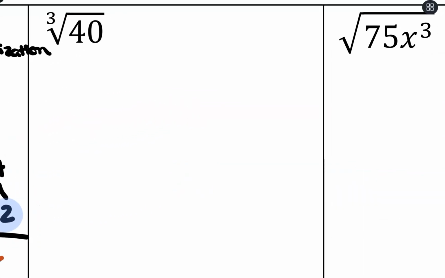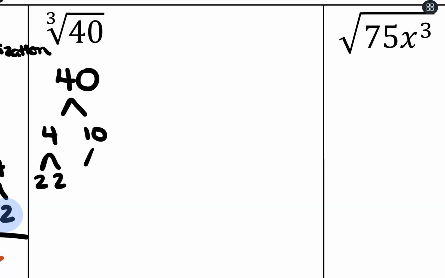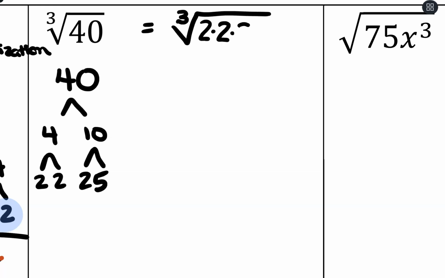So with the cube root of 40, I'm going to go the prime factorization route with this one. If I make the prime factorization, how about 4 and 10? Which is a 2 and 2 with a 2 and 5, and there are all my prime factors. So this would be the same thing as writing the cube root of 2 times 2 times 2 times 5.